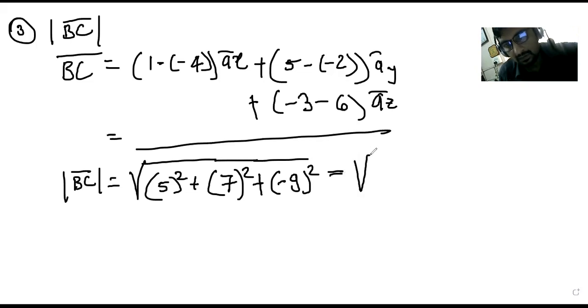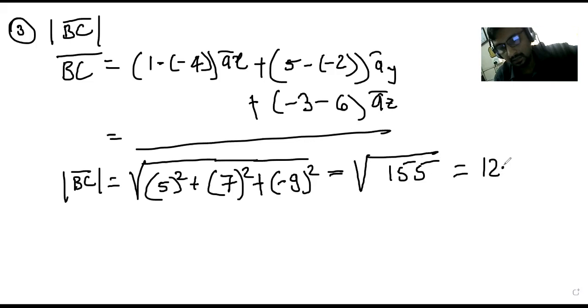So this is, for verification, under root 155. Right. So if you solve this on a calculator, you will get it will be equal to 12.45. So this is the answer. This is the value. Distance between BC is 12.45. Are you getting this answer?